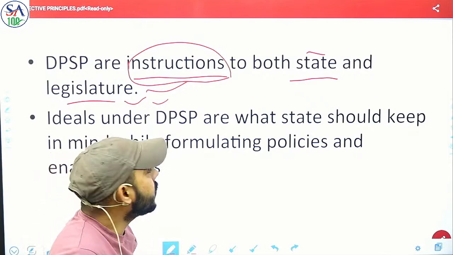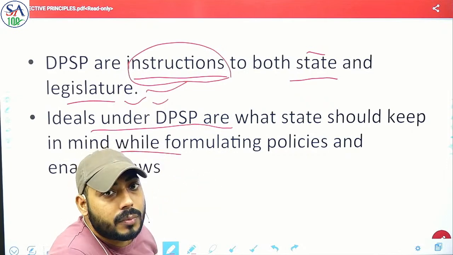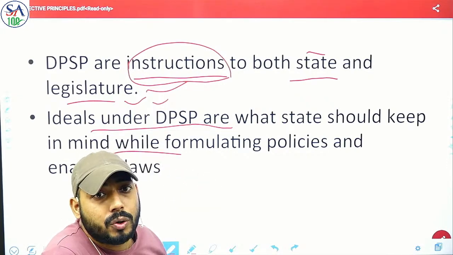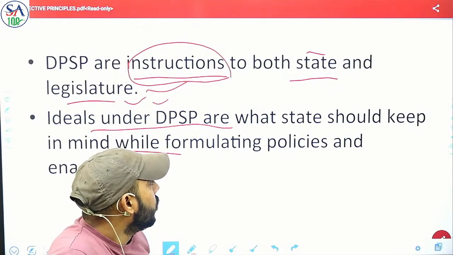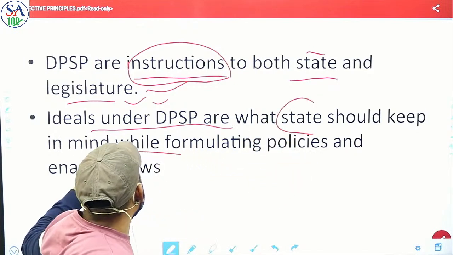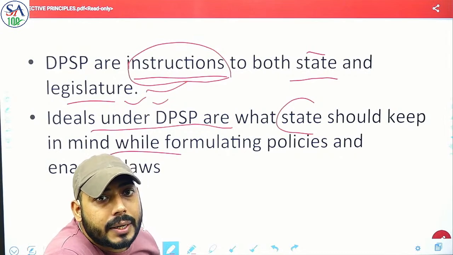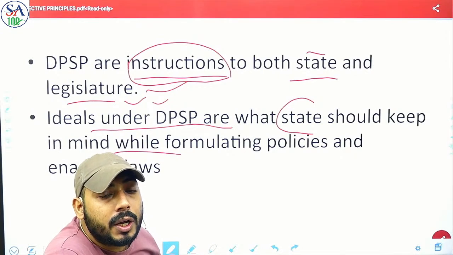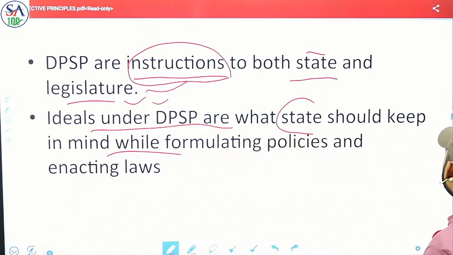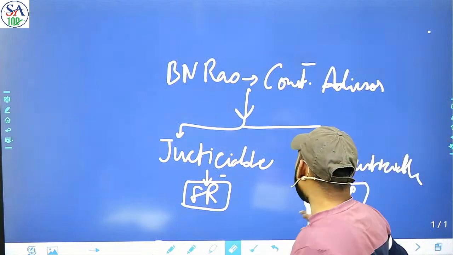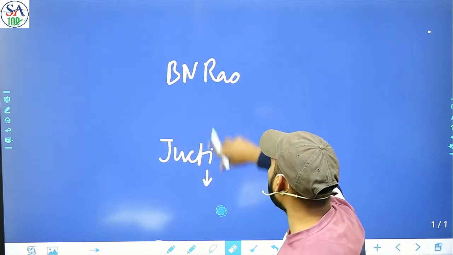Next important feature is that when the state is going to make any policy or any law, the principles enumerated under the DPSP from Article 38 to 51 should be kept in mind. For example, right now there is an election environment in different states.